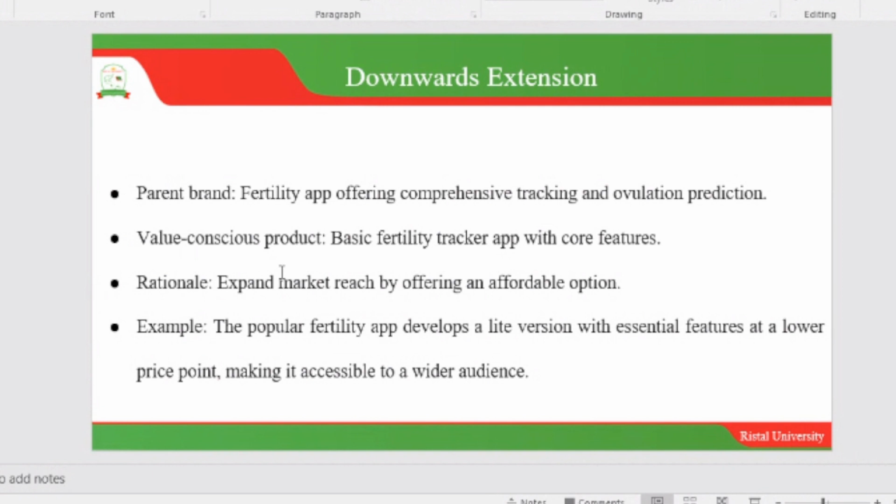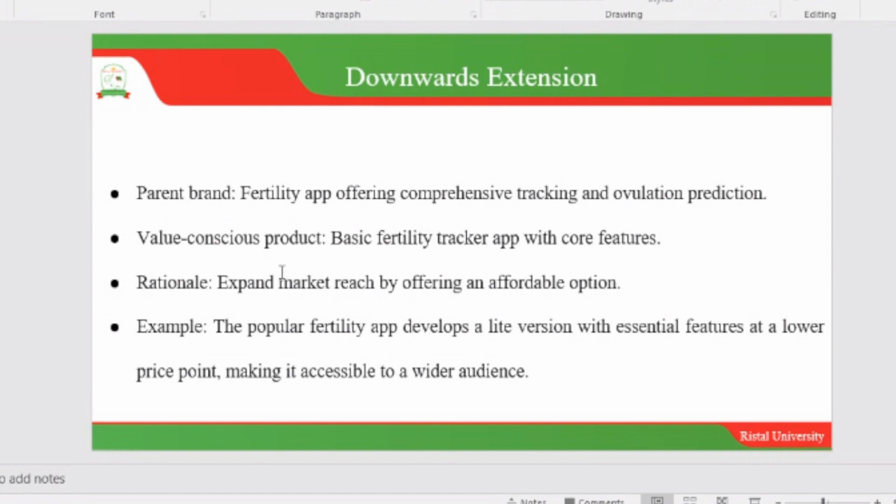You offer an affordable option to that certain target group that may not be able to access services. That is why you have light versions of the majority of the applications. For example, Facebook Messenger. I've not seen WhatsApp Lite, but probably they are there.